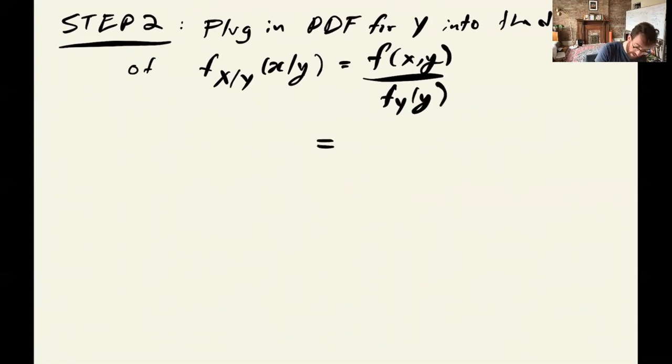So what do we get here? We end up getting 2 over 2 times 1 minus y. The 2's cancel, and this ends up equaling 1 over 1 minus y.